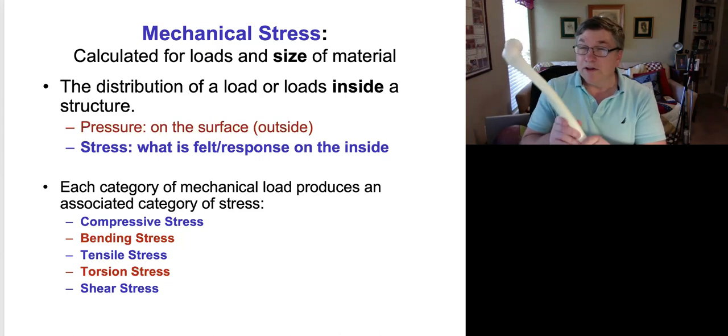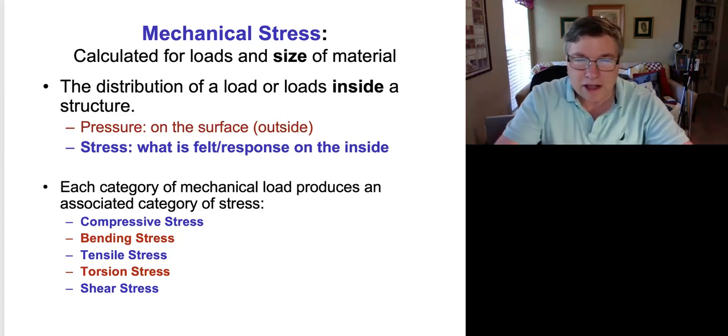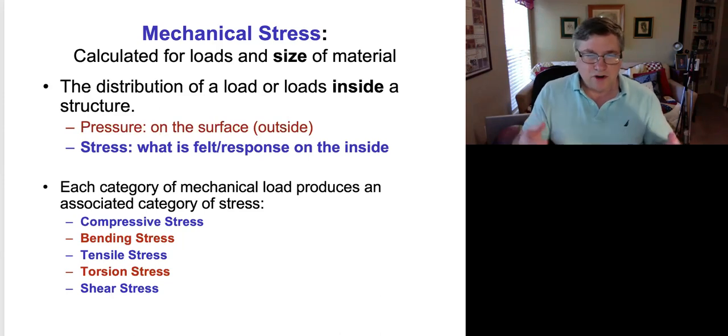Again, for every single type of load, which is a force that causes a deformation or change in shape of an object, there is a type of mechanical stress: compressive, bending, tension, torsion, and shear.